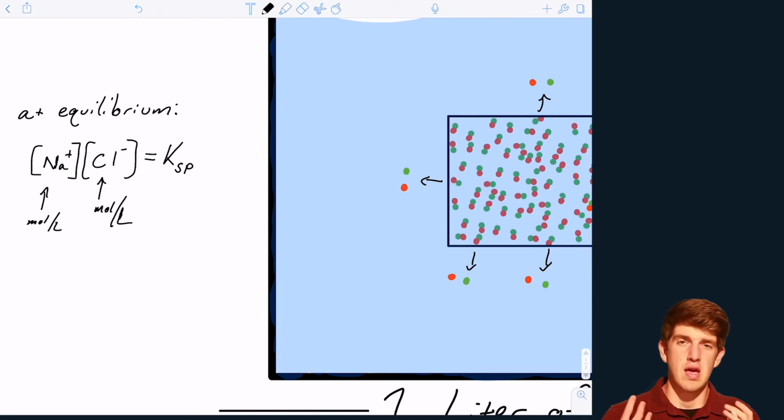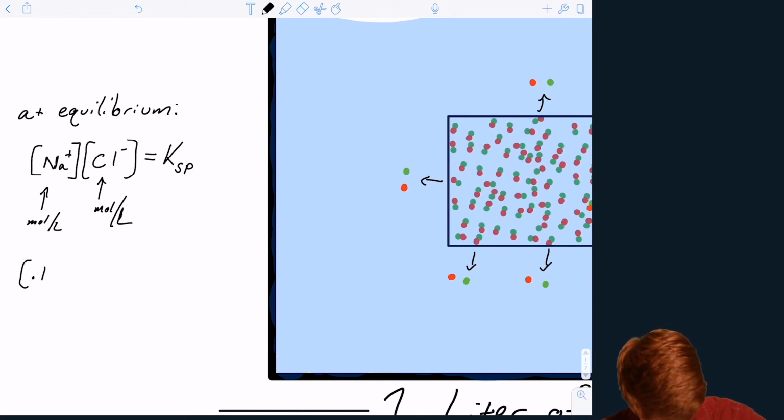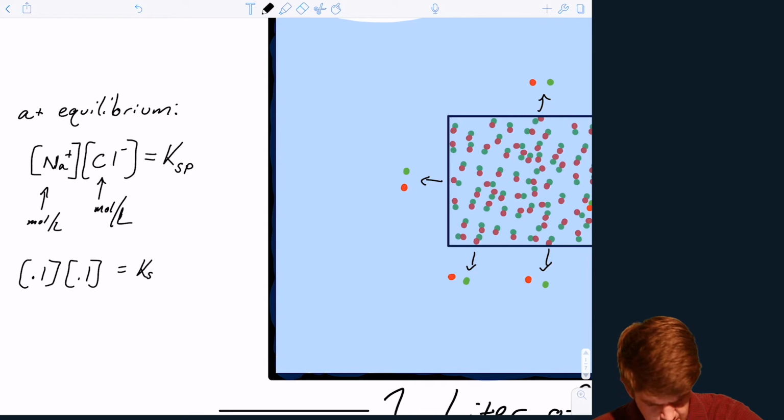So now let's talk about the solubility. Let's say I find out that at equilibrium, I like to have 0.1 moles per liter of the Na+ ion and the Cl- ion. So 0.1 times 0.1 is equal to Ksp, and that is going to equal 0.01.